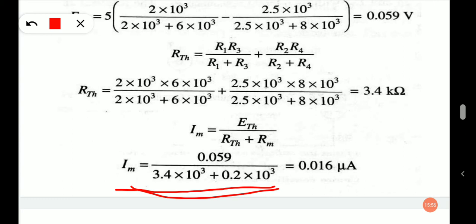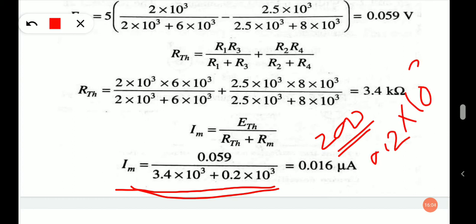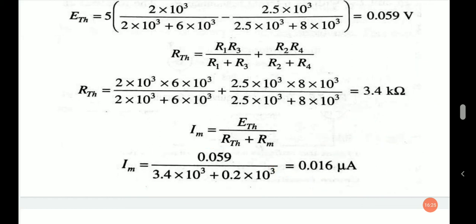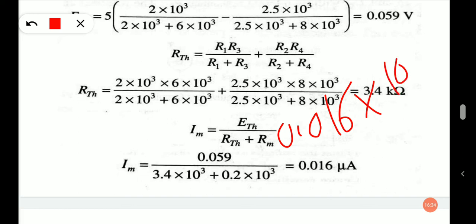So here, instead of 200 ohm, 0.2 into 10 raised to 3 is written. So after calculating this expression, we will get Im equals 0.016 microampere, or we can write 0.016 into 10 raised to minus 6 ampere.